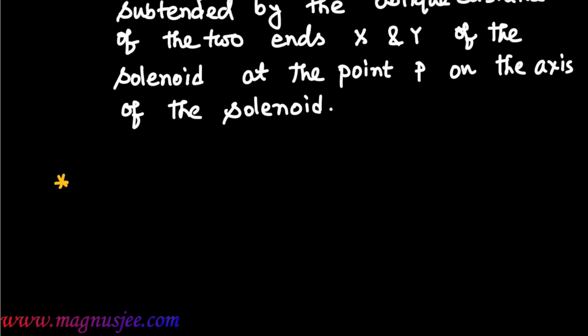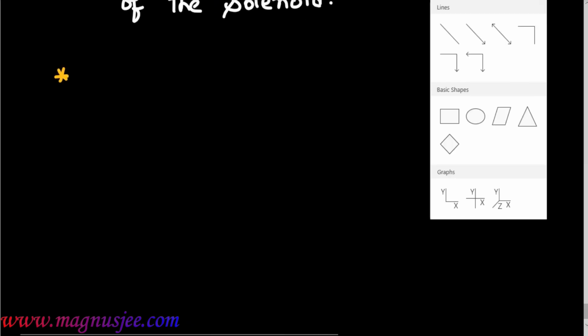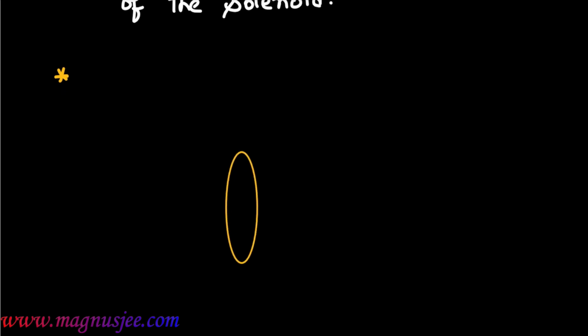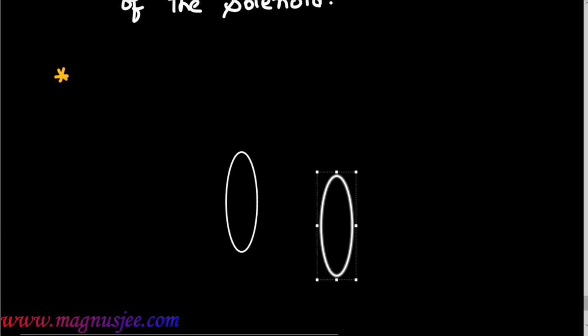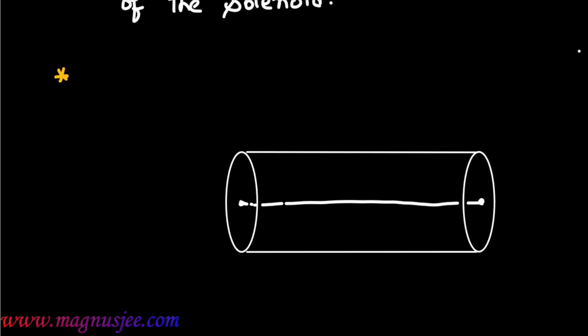Another additional information: we can draw the diagram of the solenoid again. So this is the circular cross section of the solenoid. In this way we can draw the diagram of the solenoid, and this is the axis of the solenoid.